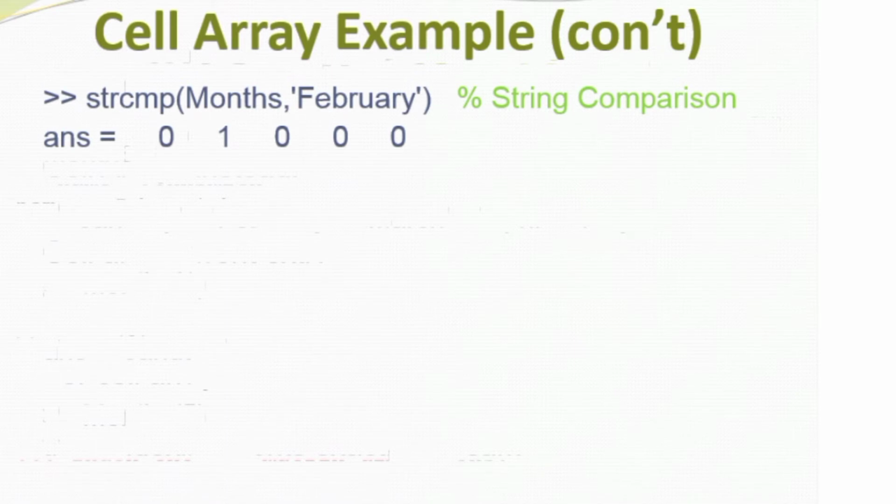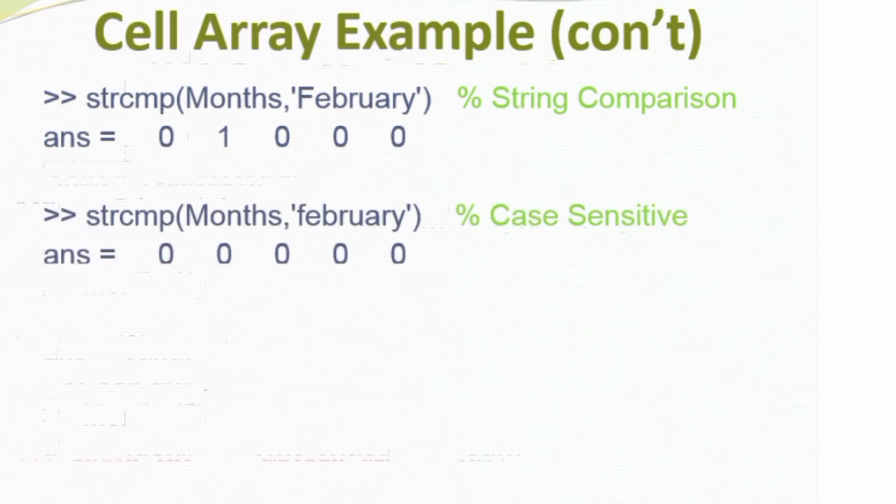Now you got to be a little careful about this. If I run the exact same command, but I take February and I turn that capital F into a small f, I'm actually going to get falses all the way across because MATLAB is case sensitive, and MATLAB sees the text February starting with a capital F as different from the text February starting with a small f.